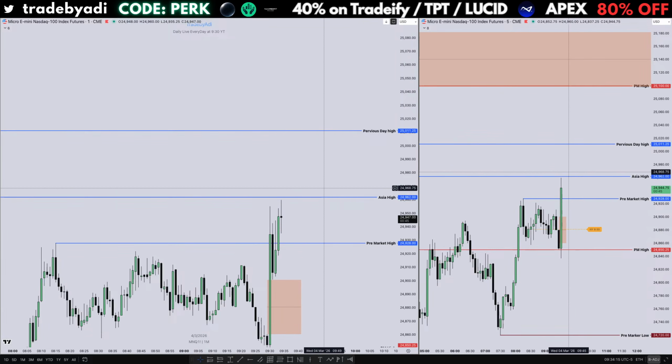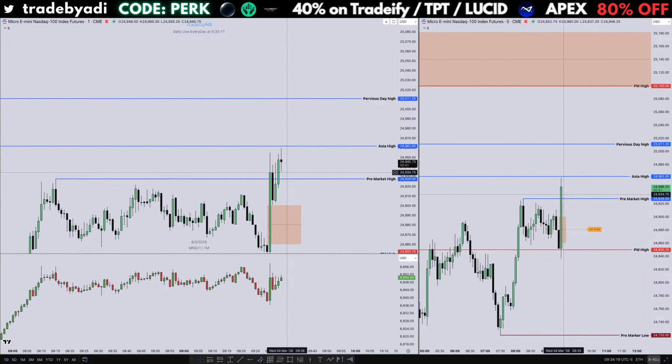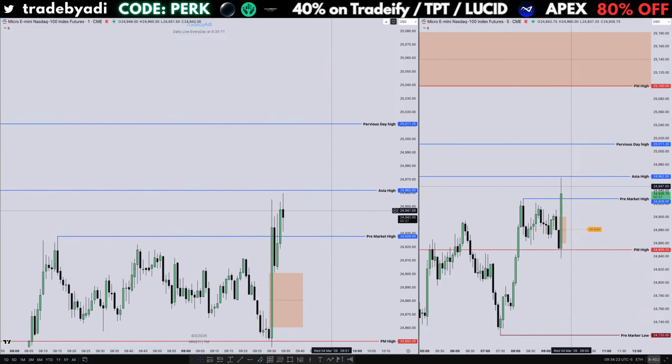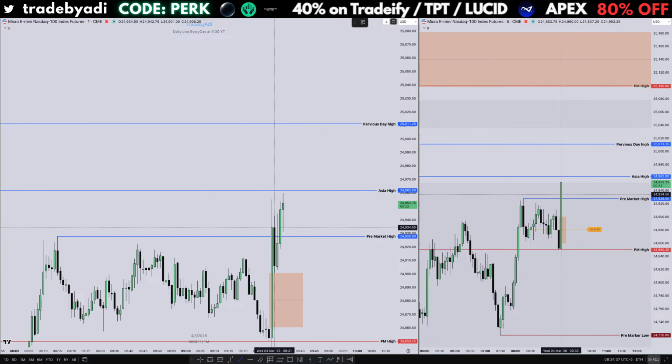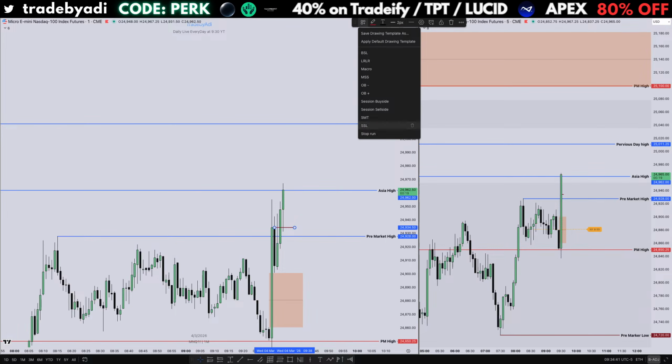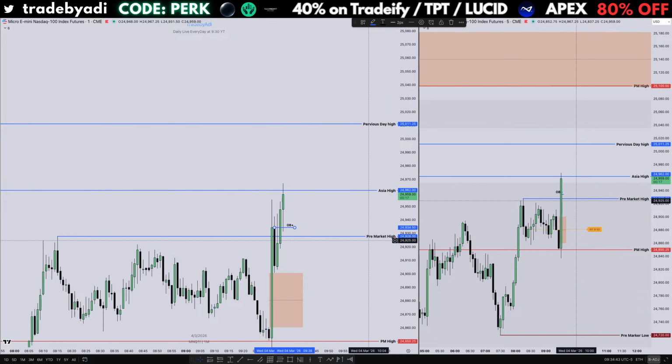The drawn liquidity is the Asia high and the previous day high. This order block is not the high probability, but it is aligning with the pre-market high.